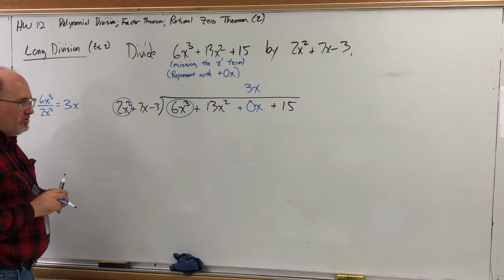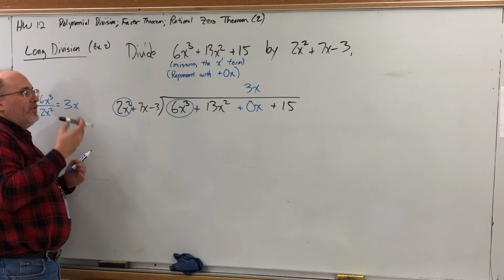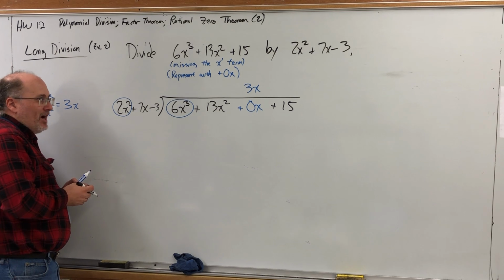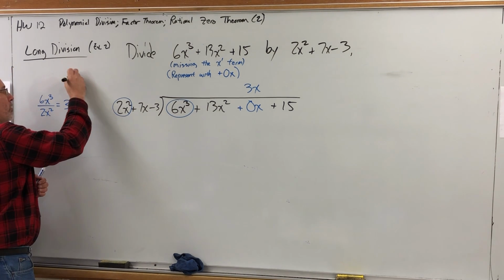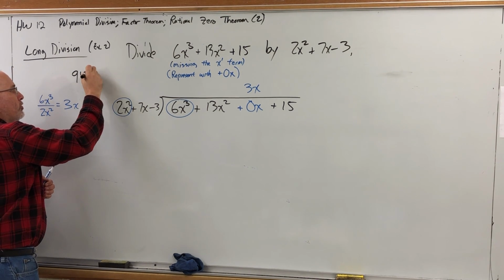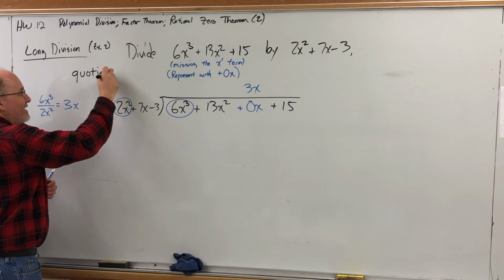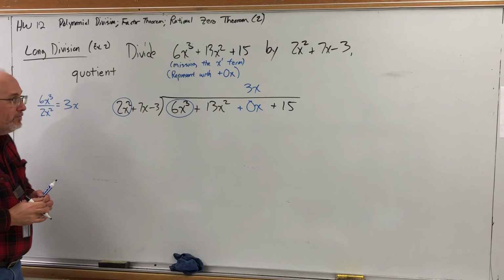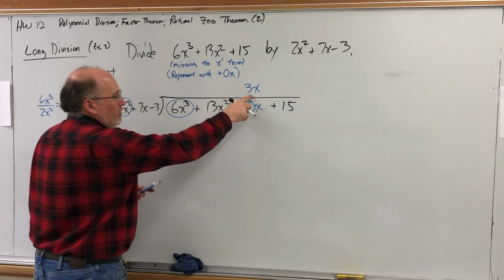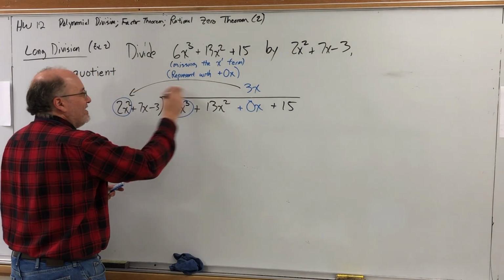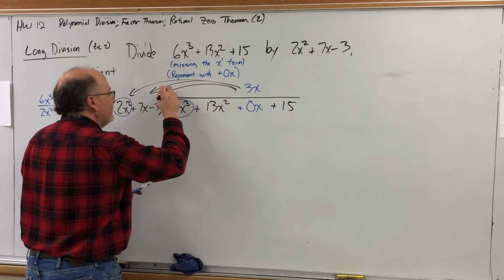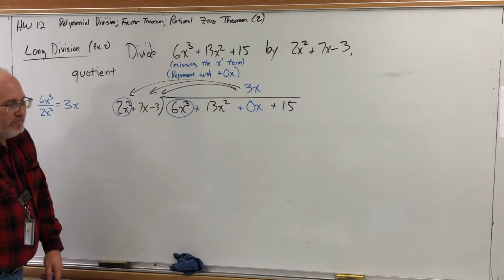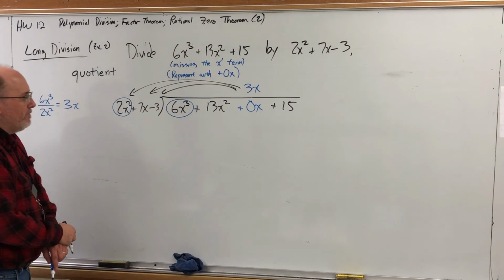Remember what happens next. Once you figure out the first term in the quotient on the top, and I don't think I ever wrote the word quotient, Q-U-O-T-I-E-N-T, is the correct word for the answer to a division problem. Once you figure out the first term in the quotient, it gets multiplied by the entire divisor. Don't usually get those words mixed up.